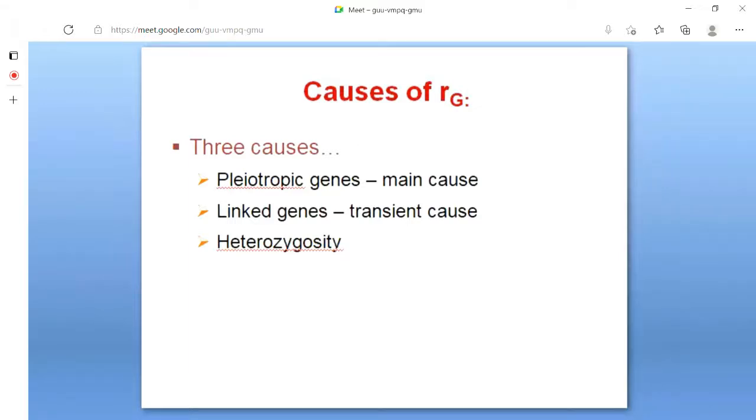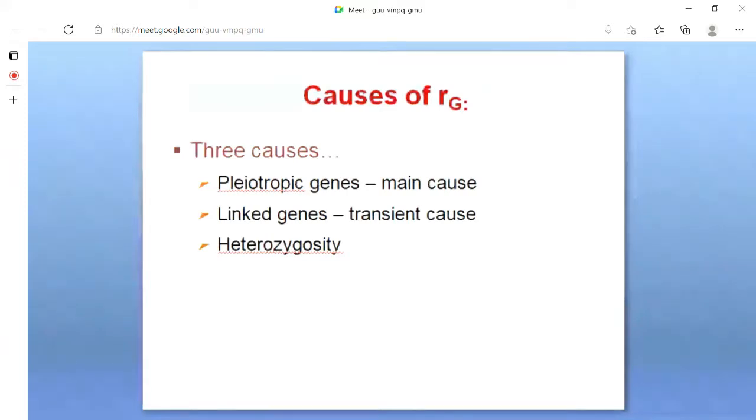Can anyone tell me? Yes, can you tell me what are pleiotropic genes? Sir, it is a single gene that controls more than one trait.